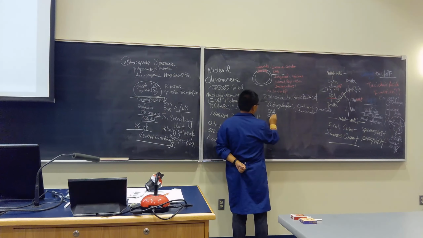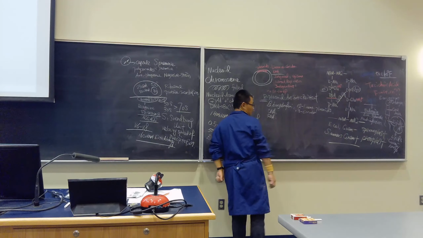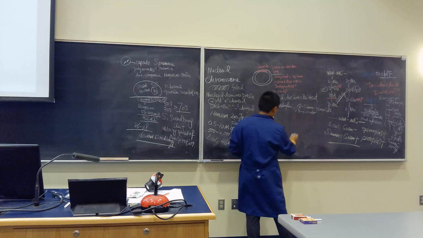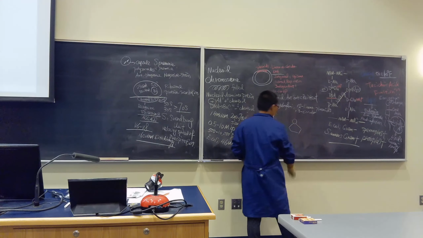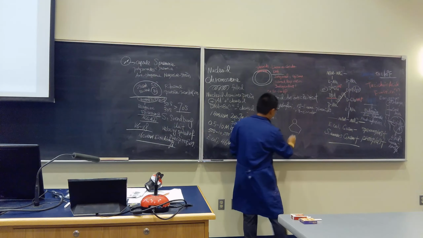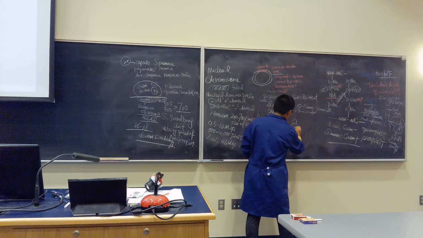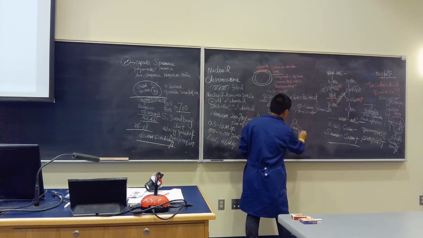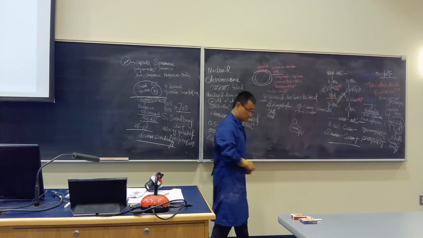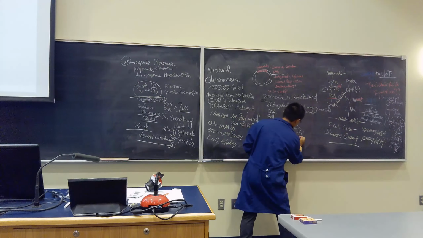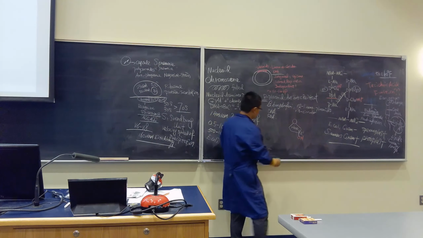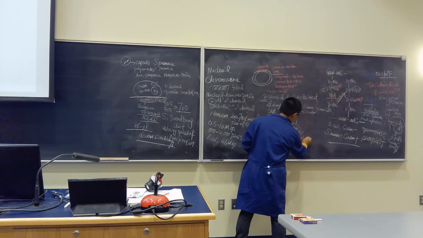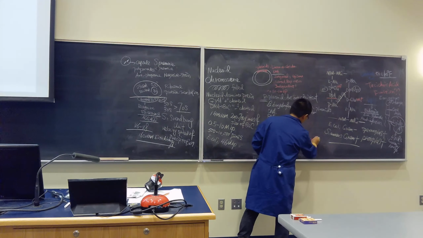Or what's the structure of RNA? What does it look like? A 5 carbon sugar, is that right? Right here. That's called the ribose. Carbon number 2, you have the OH right here, a hydroxyl group. If this O is gone, that is DNA. If the O is there, it is RNA.